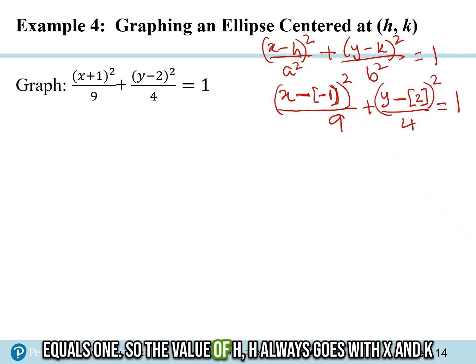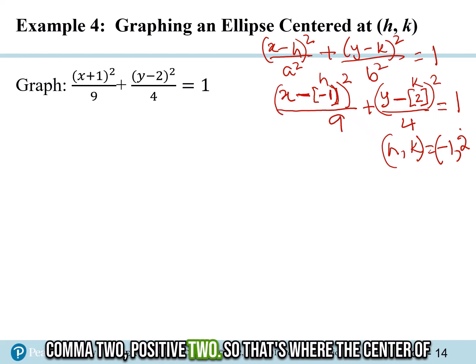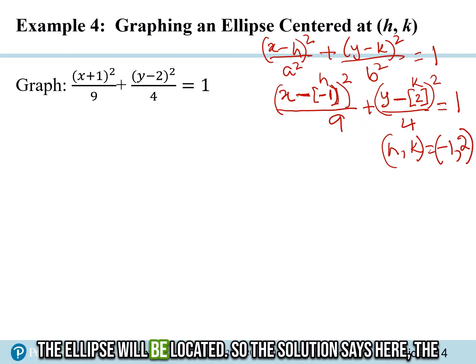So the value of h always goes with x and k goes with y. So if it's h comma k, that will be negative 1 comma 2, positive 2. So that's where the center of the ellipse will be located.